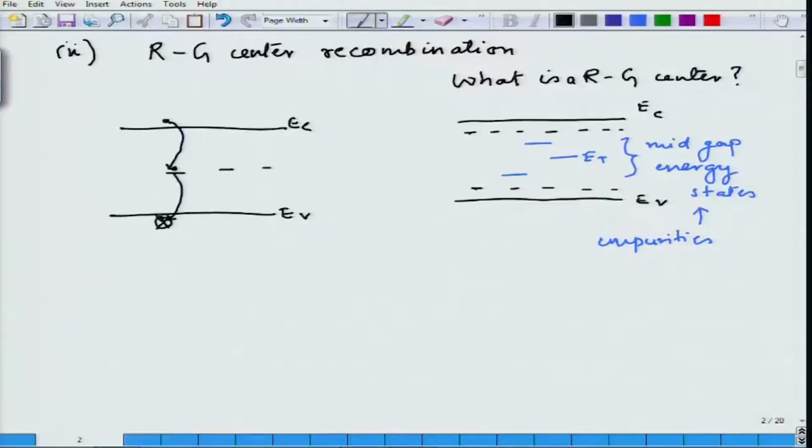This process can also be seen in two steps: an electron comes to the defect state or RG level, and a hole also combines at this level, and that is where they annihilate each other. So, this defect state, the impurity state, acts as an intermediary in the recombination process, and this process in general does not give out light, it will give out heat, or it will be non-radiative.